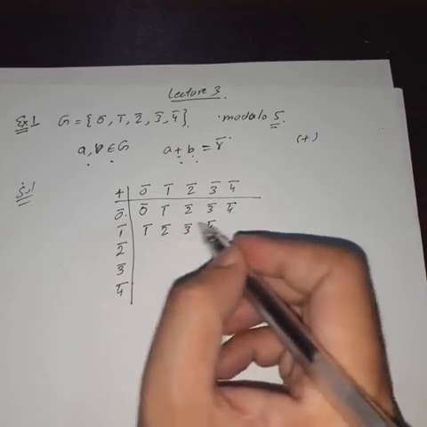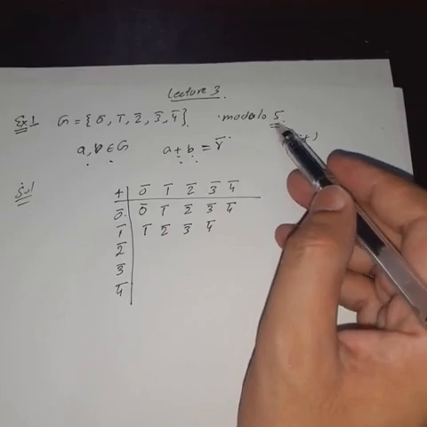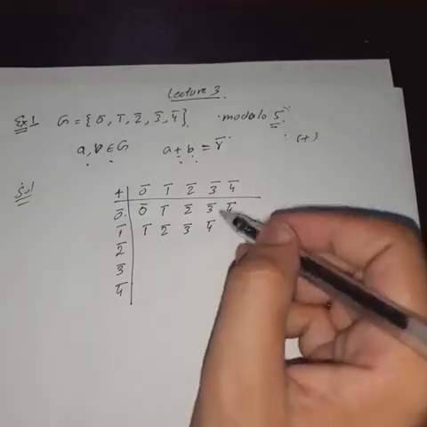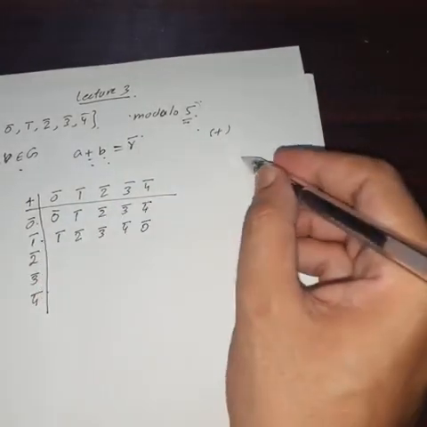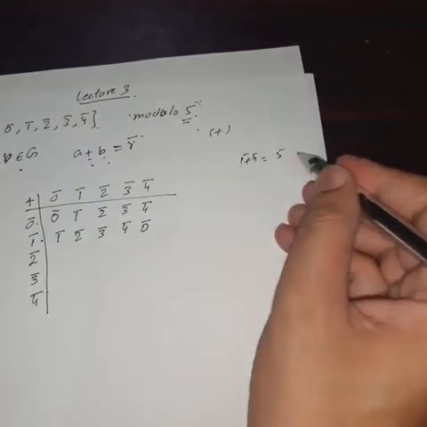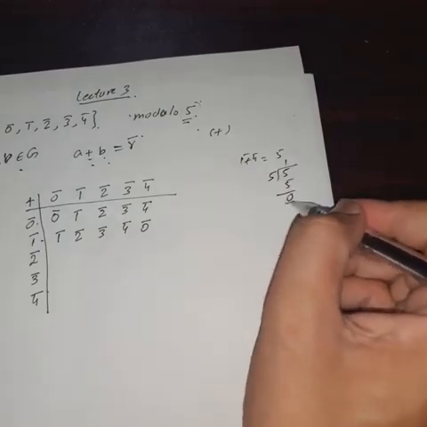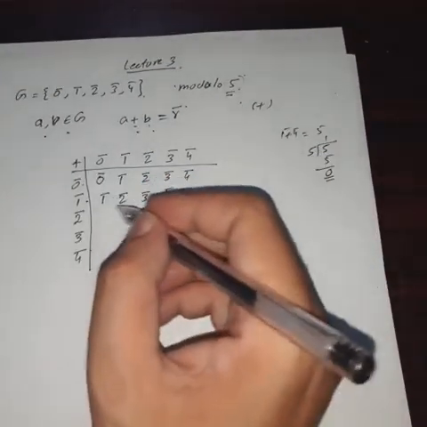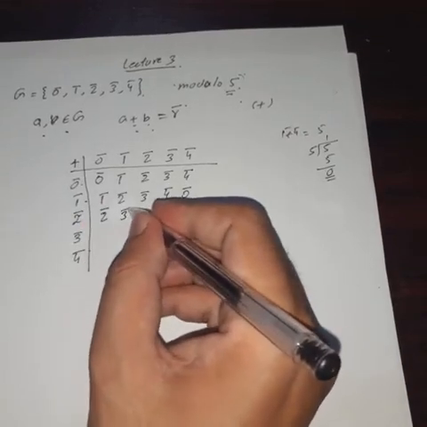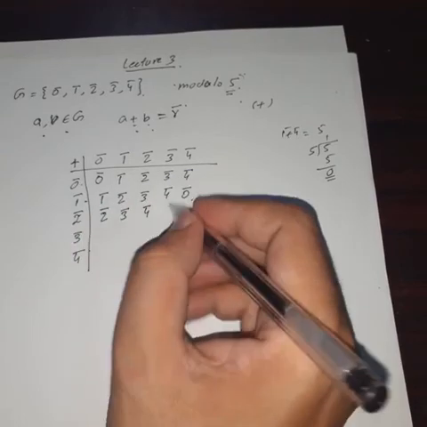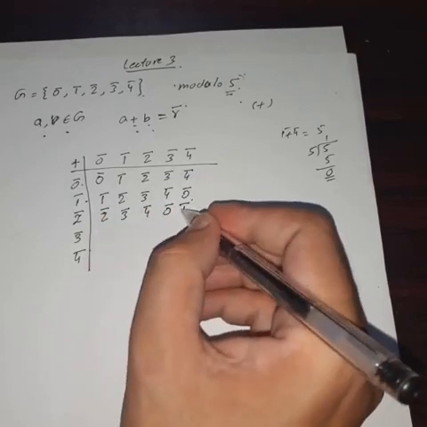Since 5 is greater than or equal to 5, we divide 5 by 5, and the remainder will be 0, so we write 0. 1 plus 4 is equal to 5; 5 divided by 5, 5 ones are 5, remainder is 0, we write this. Now 2 plus 0 is 2, 2 plus 1 is 3, 2 plus 2 is 4, 2 plus 3 is 5, 5 divided by 5, remainder is 0, 2 plus 4 is 6, remainder is 1.